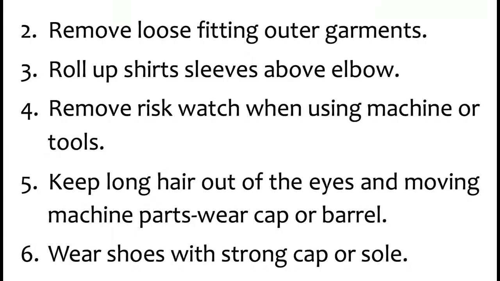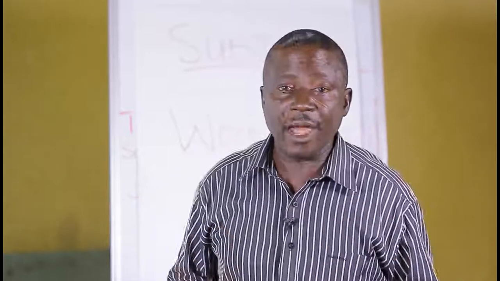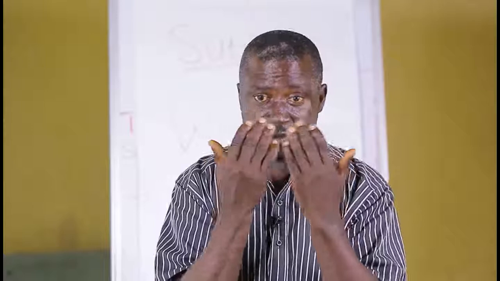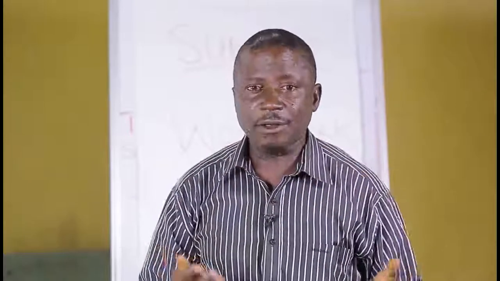The next one is keep long hair out of the eyes and moving machine parts. Wear a cap or beret. The reason is, if you are wearing long hair, it covers your visibility. You cannot see very well, so the tendency is you get involved in an accident.